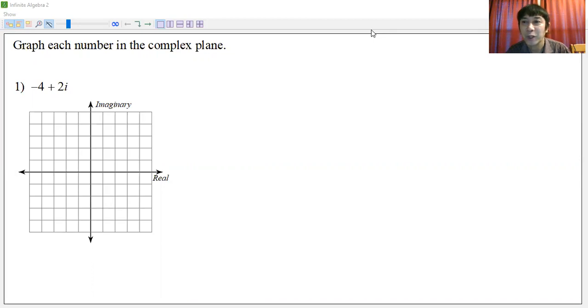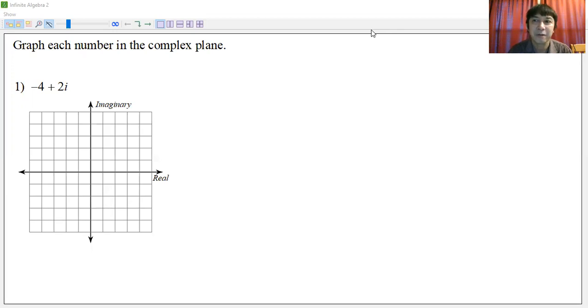If the real number is negative and the imaginary number is positive, that would be the second quadrant. If the real number is negative and the imaginary number is also negative, that will be the third quadrant. If the real number is positive and the imaginary number is negative, that will be the fourth quadrant. So it follows the rectangular coordinate system.